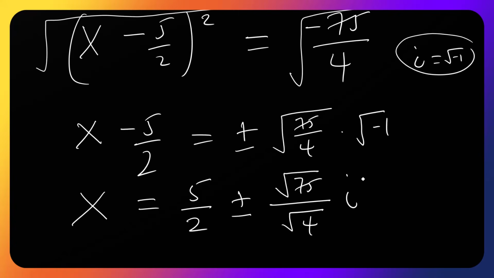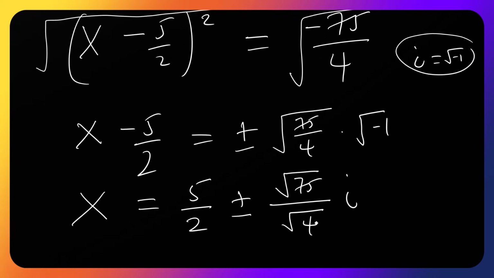So the square root of 75 from the calculator is the same as 5 root 3. So we have x equals 5 on 2 plus or minus 5 root 3 i on 2.